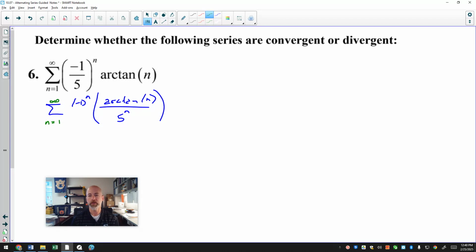Let's swap to green there. And this is an interesting one because I can apply the absolute value trick to this one. And when I do that, we have something similar to what we had with sine and cosine earlier. And it is true that the inverse tangent or the arctangent of anything is always trapped between pi over 2 and negative pi over 2.